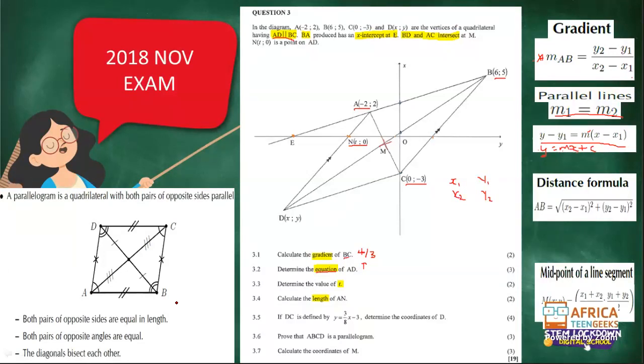Okay, so how do you think you will calculate your point T? How do you calculate point T from the information that you have?